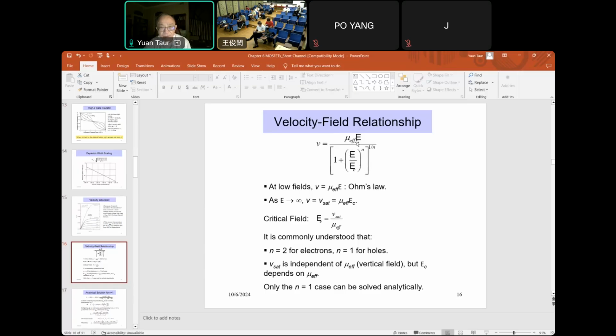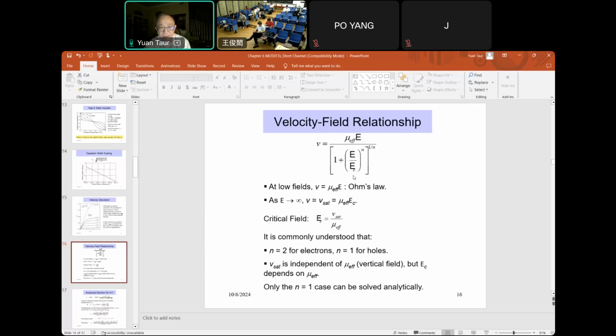Okay, so that's the ohmic region. But when field is high, the 1 becomes negligible. Then the velocity reaches mu effective times EC. EC is a constant we call the critical field.